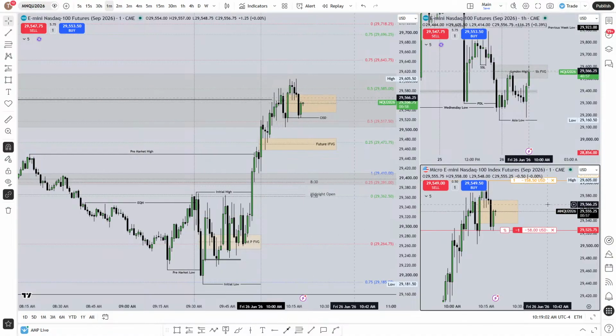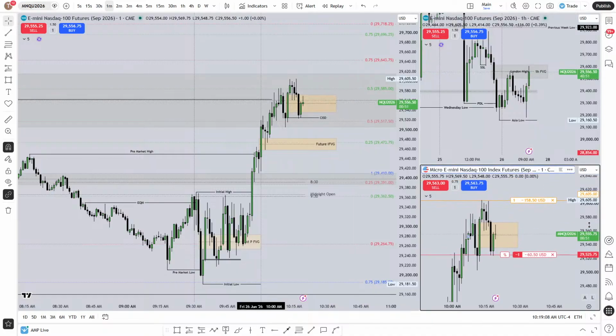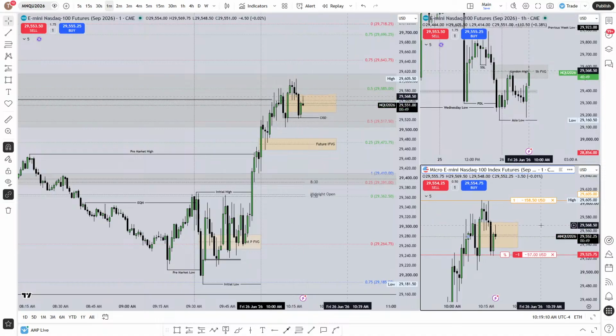All right, so those bodies went right up to that midpoint. Don't love what I'm seeing. Got a little gap right here.